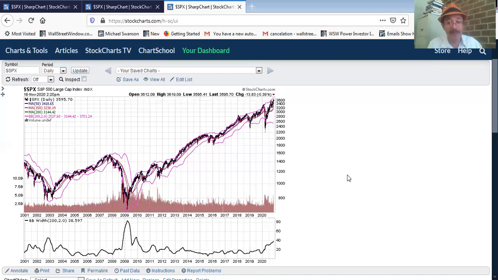You had a triple bottoming process from July 2002 to the first quarter of 2003, in which this 200-day Bollinger Band width indicator got above 40. When volatility hits an extreme, it's often a turning point in a market's long-term trend, and we're at 40.